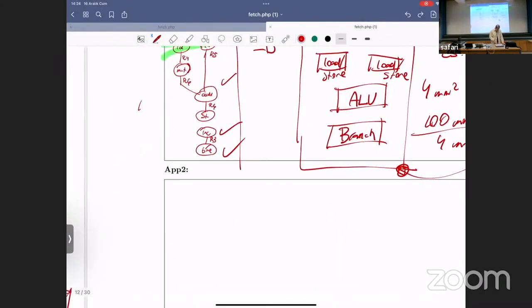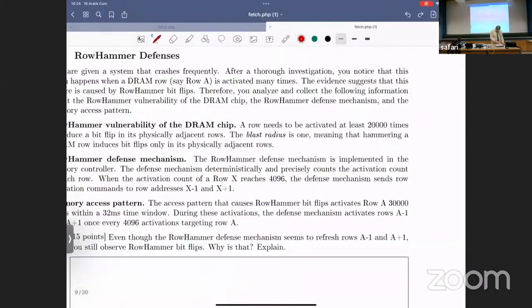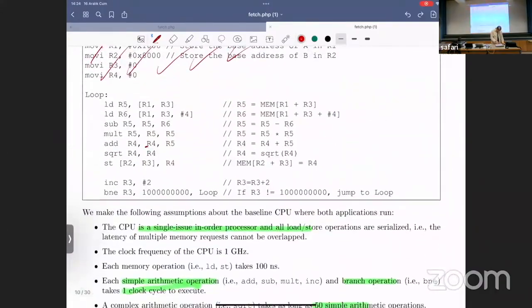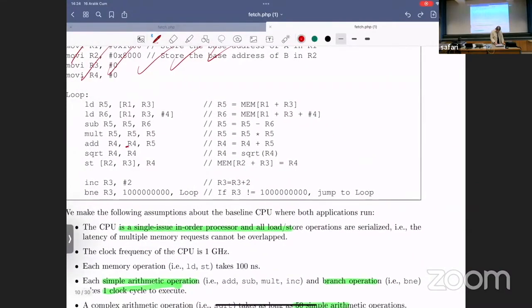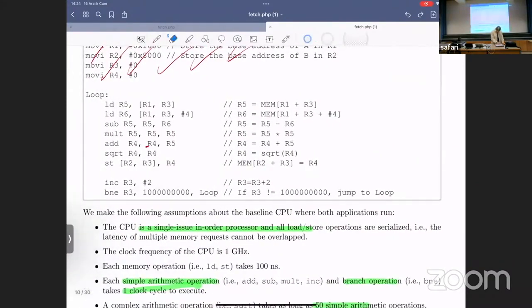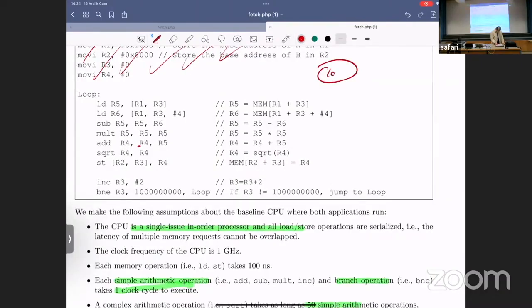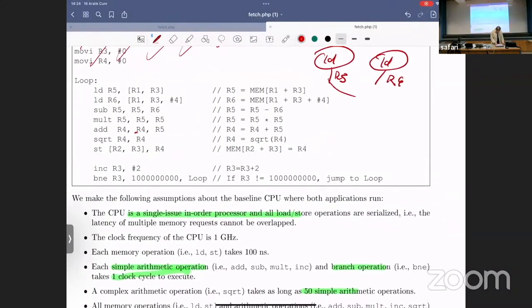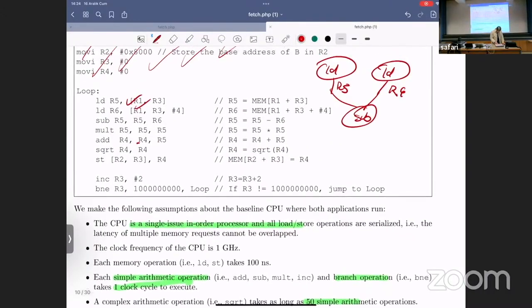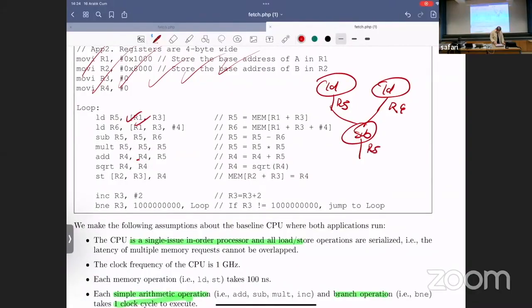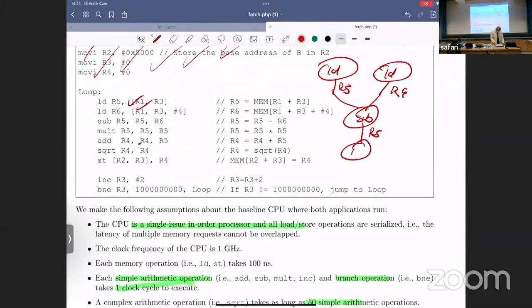And then the next one is pretty much the same. You do the first load. Then you produce R5. In the second load, you produce R6. And then you do a subtraction. Then you produce R5. And then a multi operation, also R5.